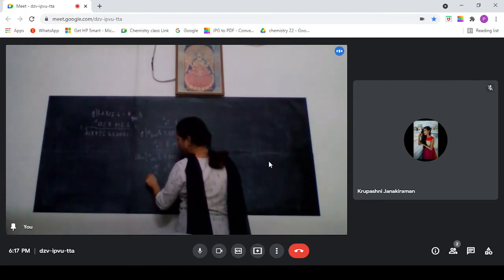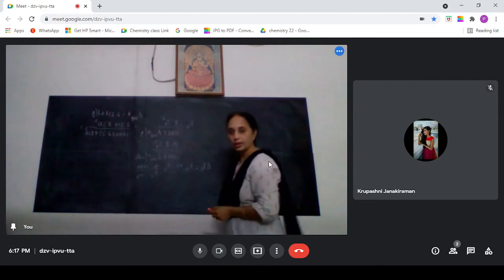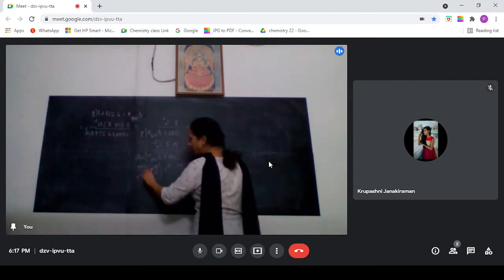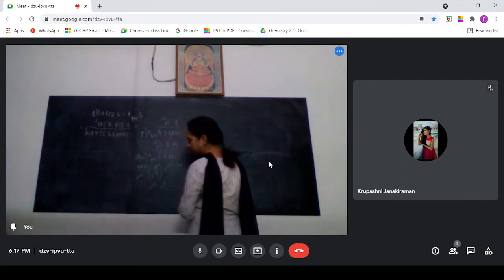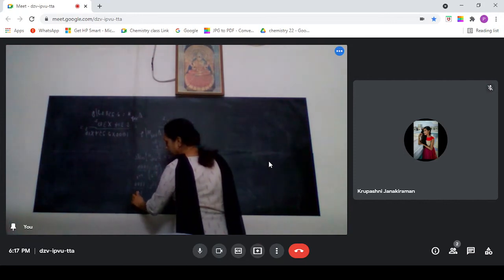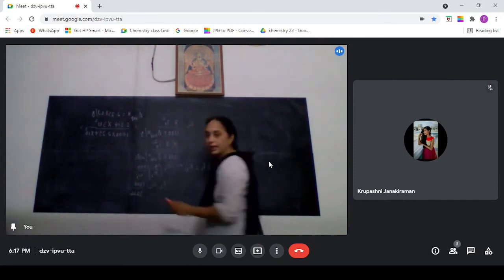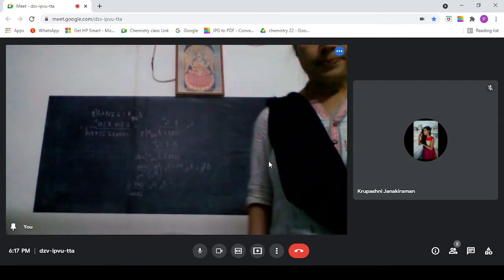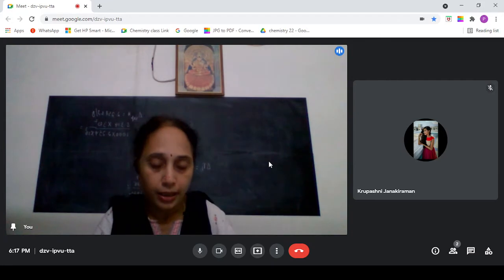W2 by M2 into 1000 by W1. Correct? So W2 by M2 is N2, that into 1000 by 1000, the mass of the solvent. So this gets cancelled. So that will be KB into M, whatever you have got, N2.